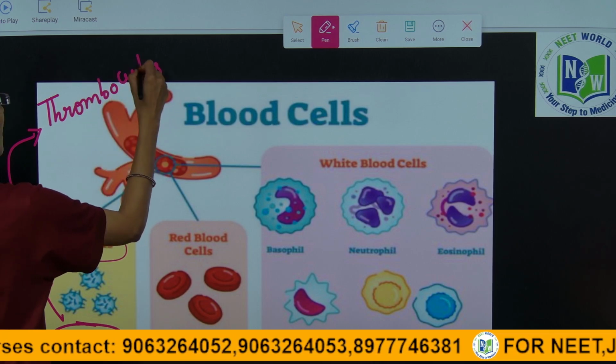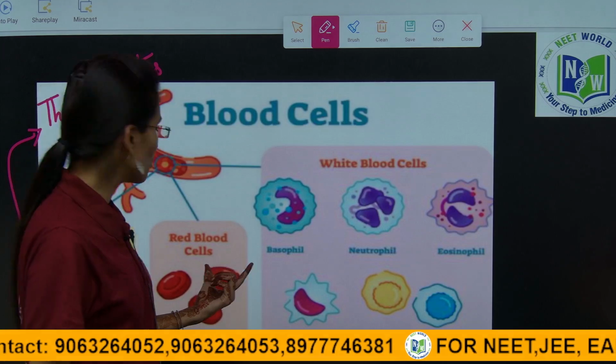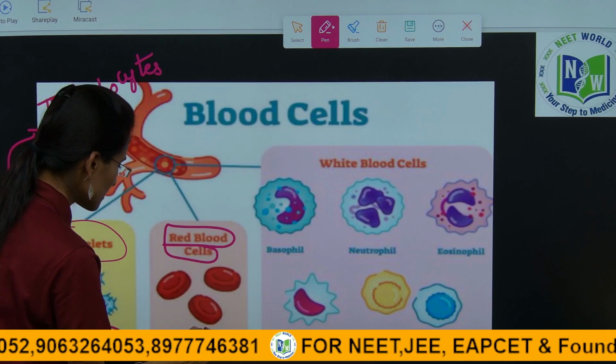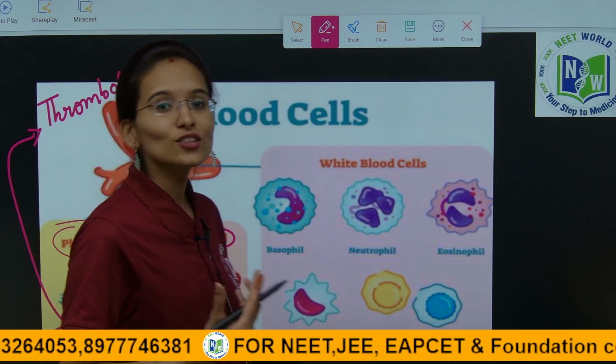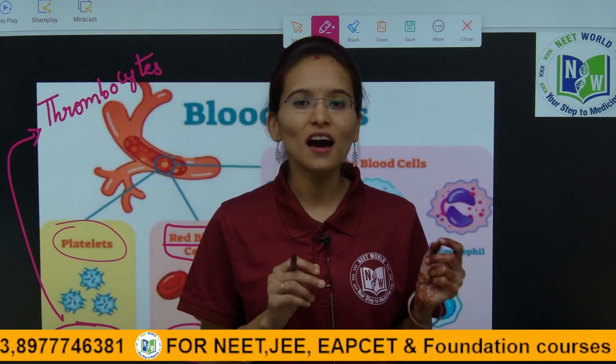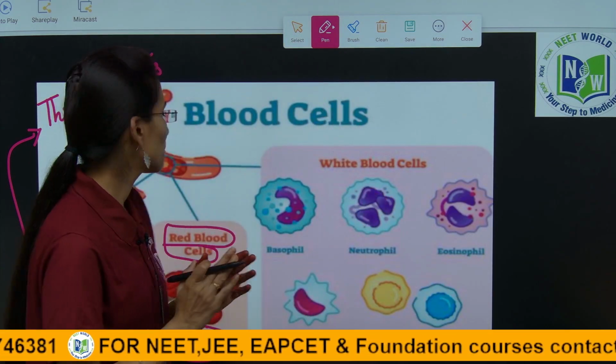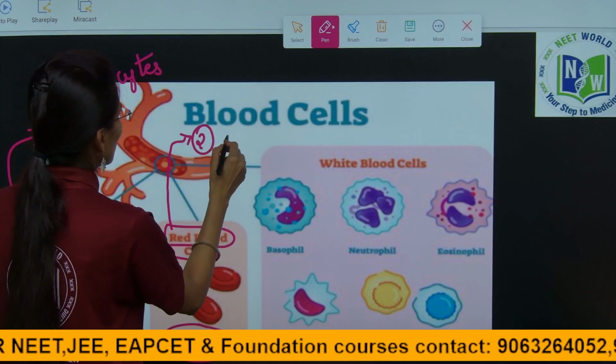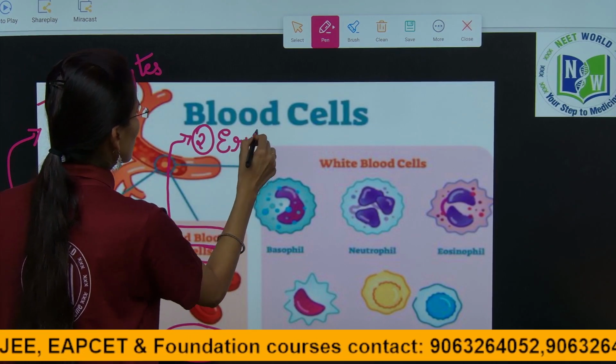And then next, it is divided into red blood cells, that is RBCs. These are called erythrocytes. Erythrocytes are nothing but RBCs, the red blood cells.